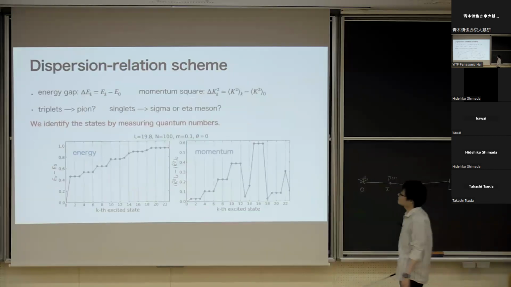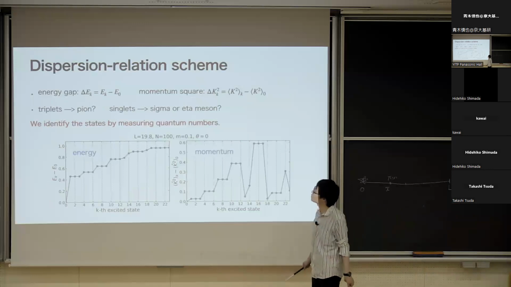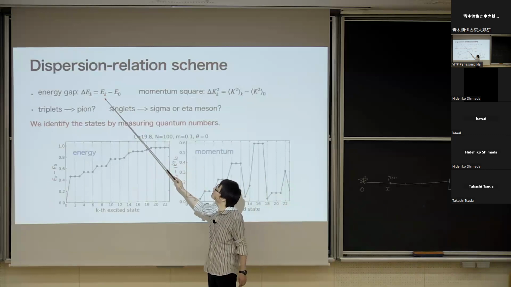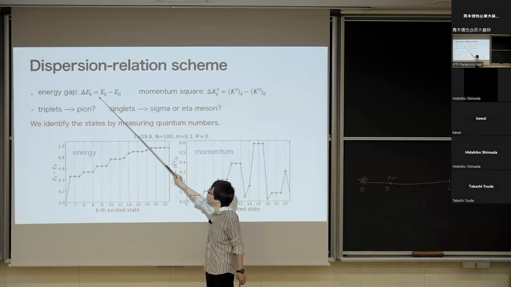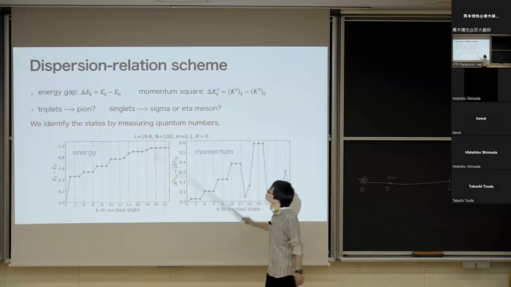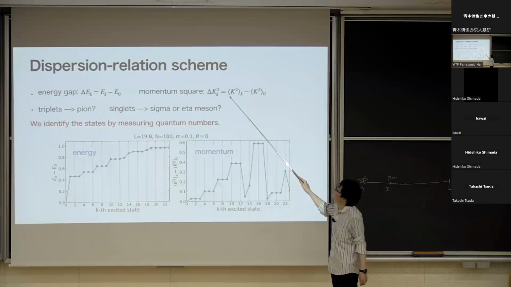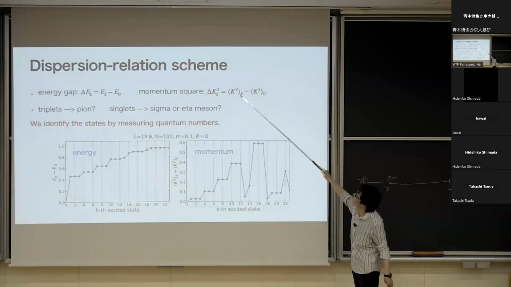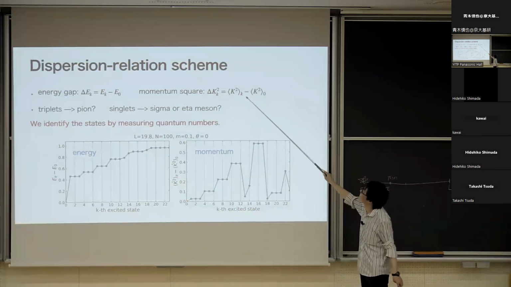So let me show the result of the energy and the momentum. We define the energy gap delta E by subtracting the ground state energy from the energy of the k-th excited state. Also, we define delta k squared by subtracting the ground state k squared expectation value.